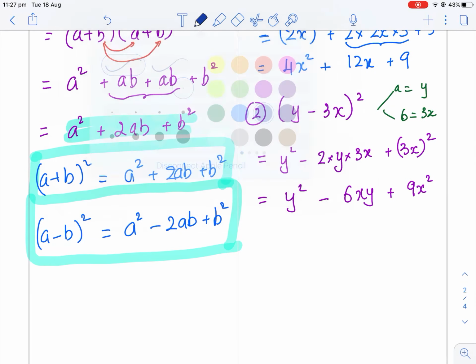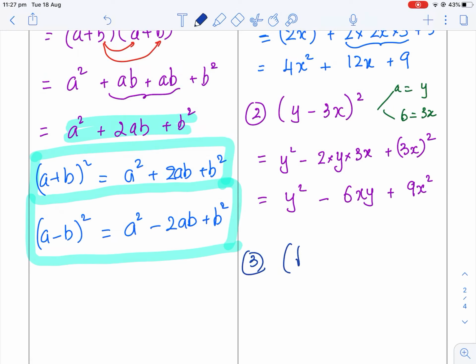Now we're going to do one more example. Number 3. For example, I have square root 2 take away 5x squared. Let's check it out. So now you know that A is square root 2 and B is 5x. And because it's negative here, we're going to use this formula.